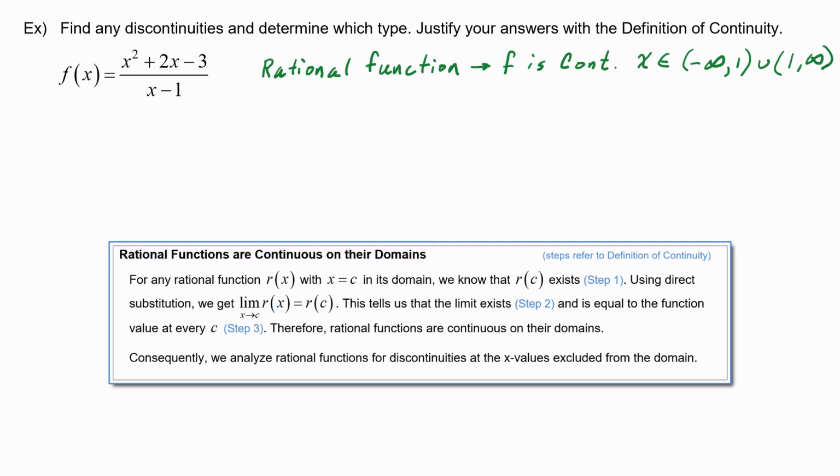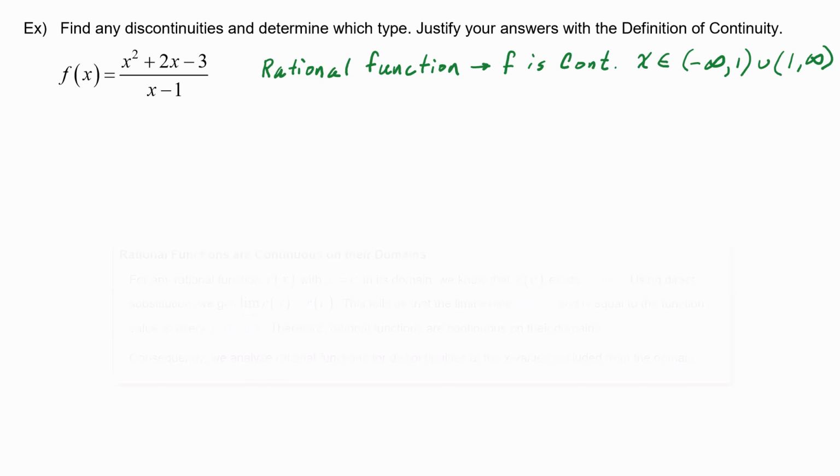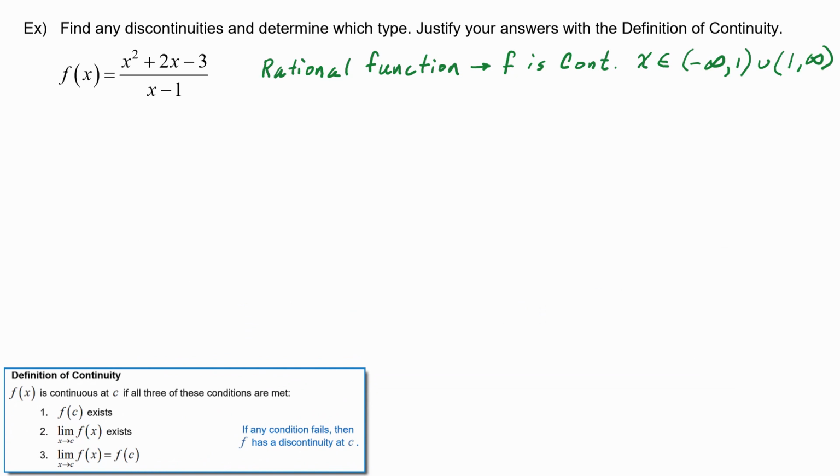Now, we also learned that we look for discontinuities at the x values that are excluded from the domain. So that means we should apply the definition of continuity to x equals 1. So that's where we will look.